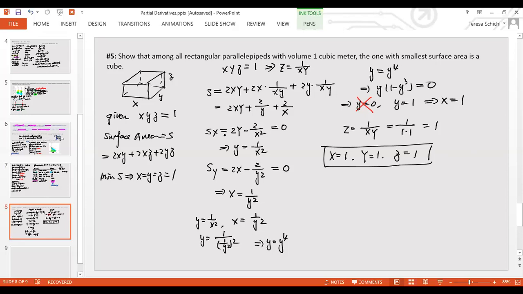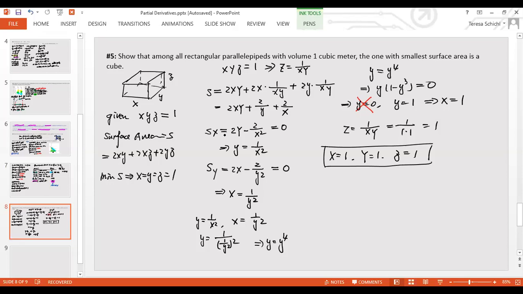So that's how we find the values by using the partial derivatives, finding the critical points, and using the second derivative test to see the maxima and minima values here.